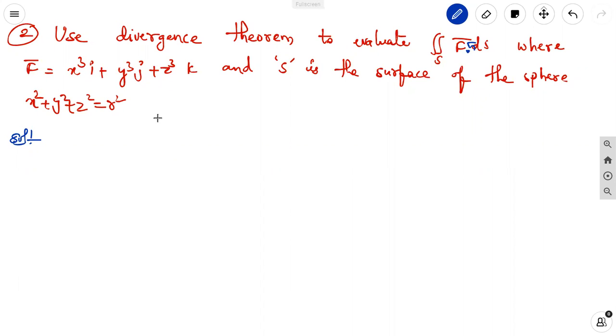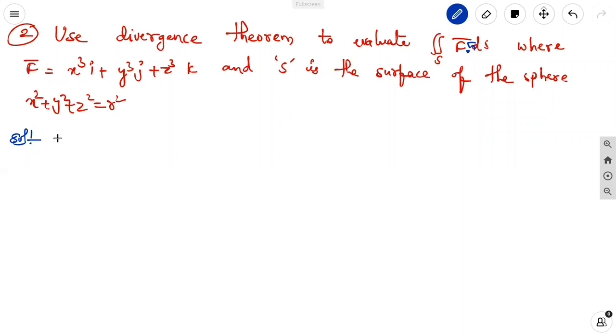Its simplification is very tough to integrate if we are taking the x, y, z variables. So better to take the conversion of the polar form. You remember that. Okay, if whatever they have given x square plus y square equal to a square or x square plus y square plus z square equal to r square, you should transfer to polar form. We are taking the three-dimensional polar form.